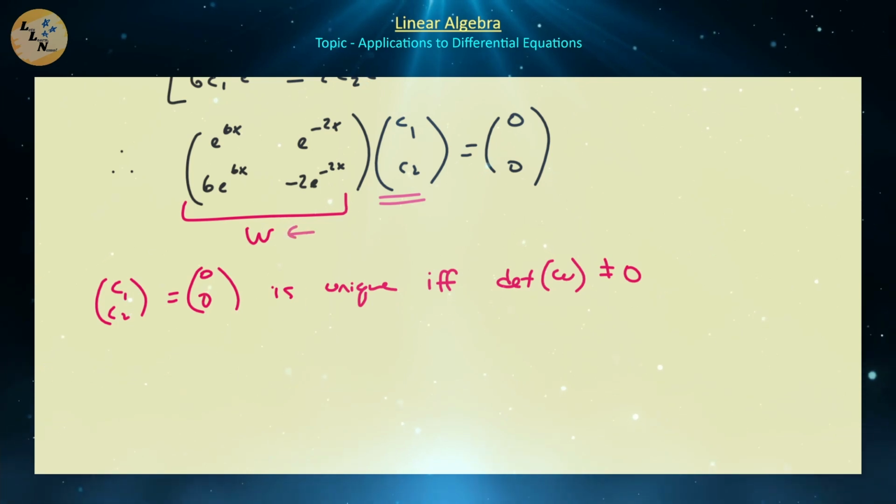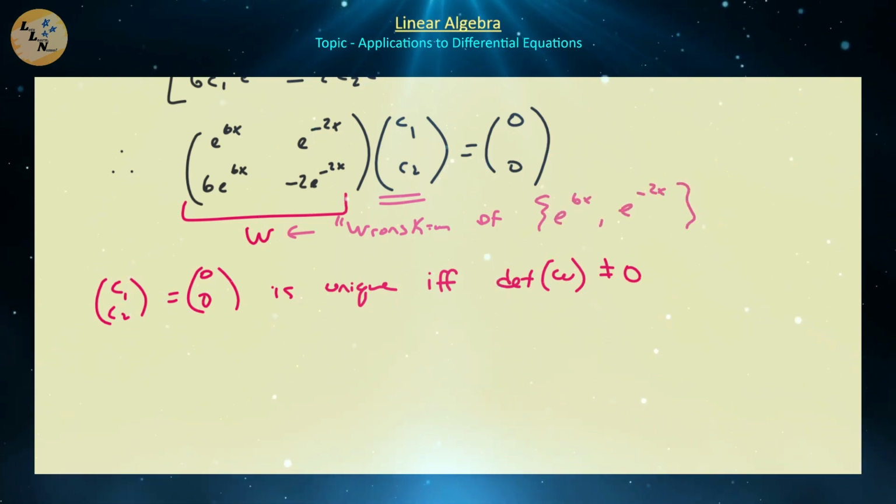This matrix W is known as the Wronskian of the set e to the 6x and e to the minus 2x, and it's used to establish the independence or the lack thereof of the solutions in this set.